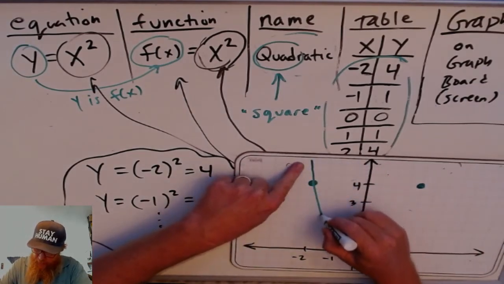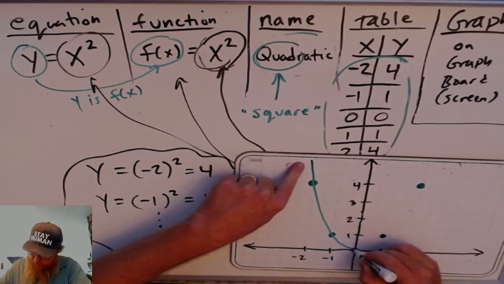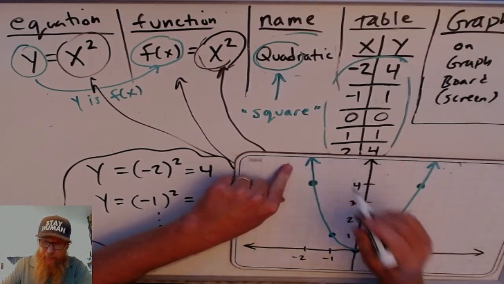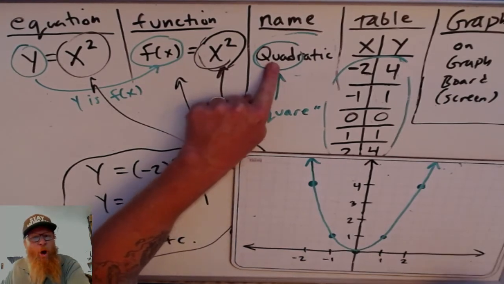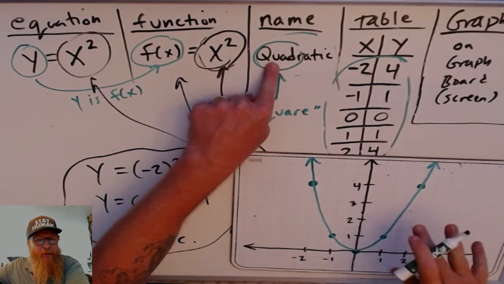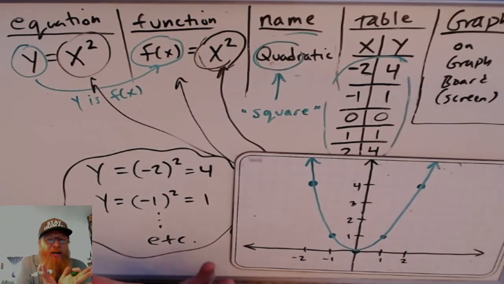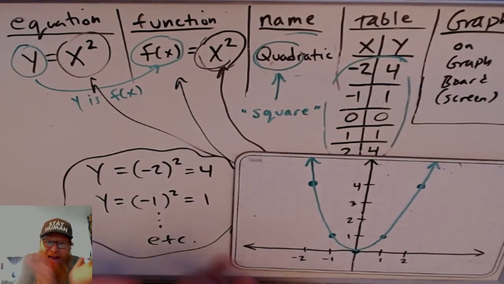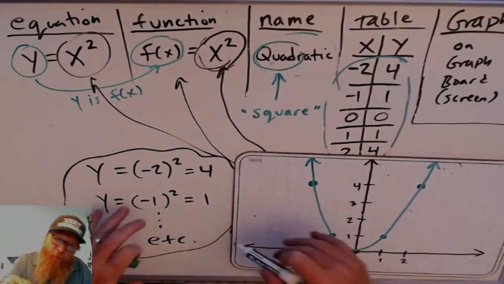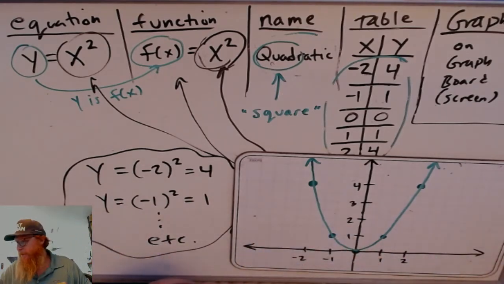Now this one is smooth, like the letter U. Look at the letter U, quadratic. It's smooth. As opposed to absolute value, which is the V. You've got to have a way of remembering which one's the V, which one's the U. There you go. That's your graph.